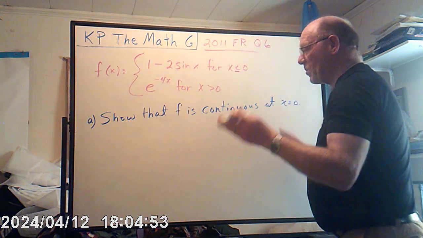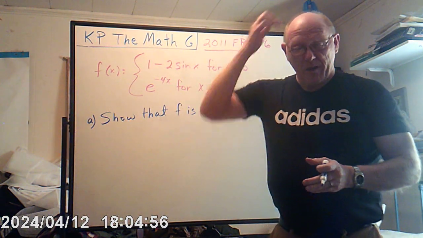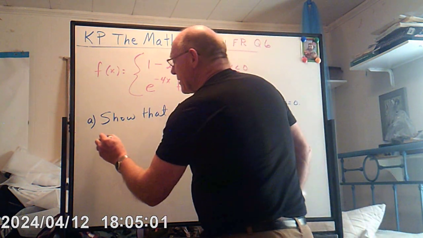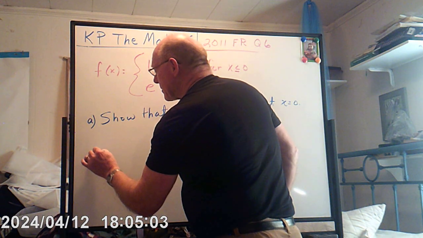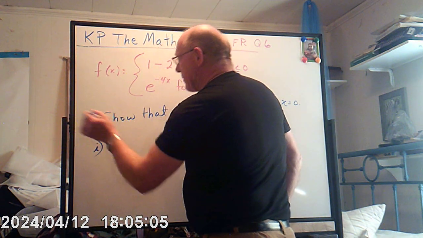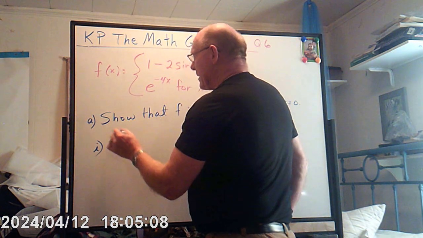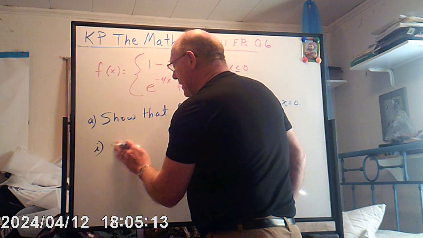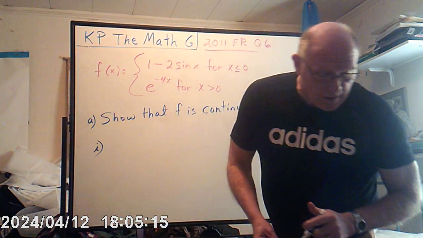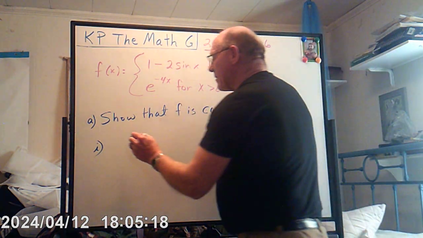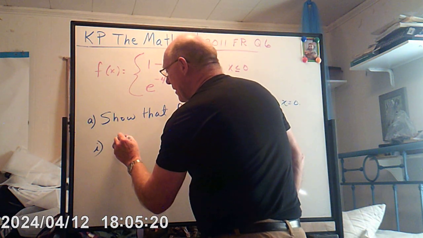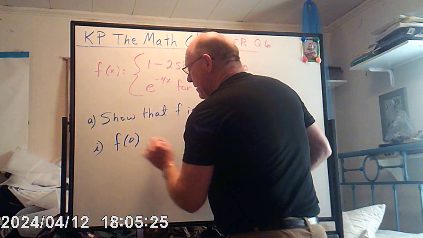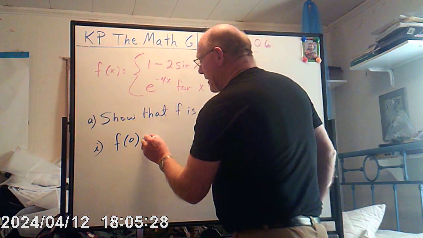Now, to show continuity, you have 3 stages. First of all, remember, I've got to show that F at 0, well, I need to see what F is at x equals 0. Now F at 0, let's say it's equal to some number.